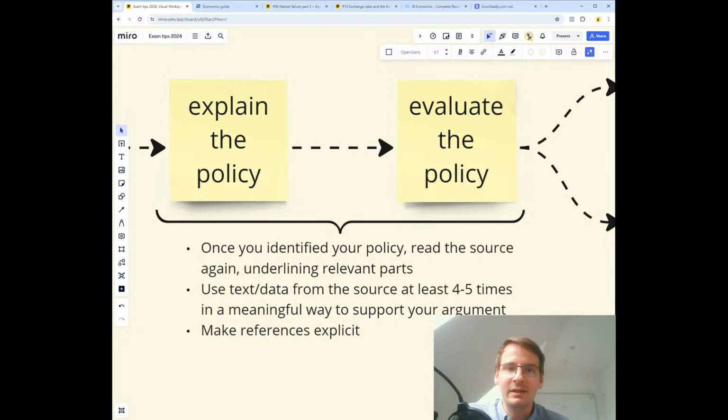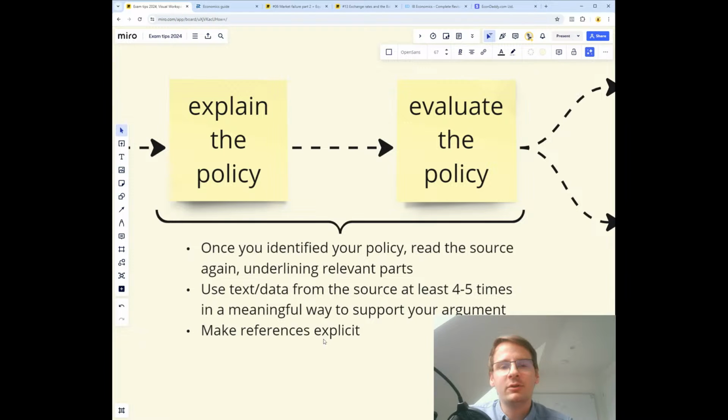Try and think a little bit about it. As I said, 4 or 5 times is more than enough. Actually, 3 would do the job, but make use of these sources of data in putting together your argument about why this policy is really a good one to promote achieving that macroeconomic objective.